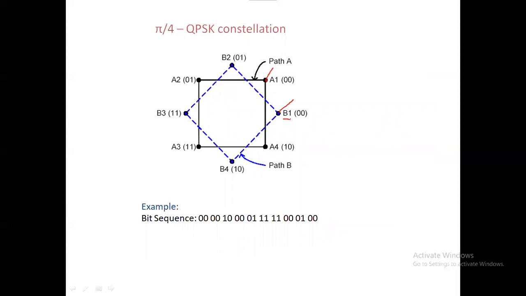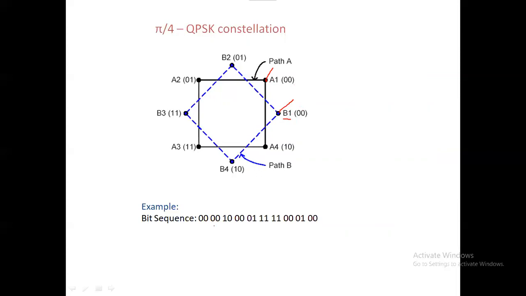For example, if consecutive 0, 0 and 0, 0 come, it will transmit A1 and then transmit B1. So if there is a consecutive stream of zeros, it will continuously transmit A1, B1, A1, B1, in that way.